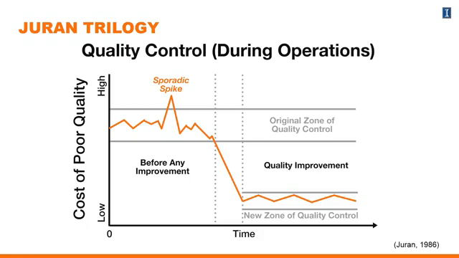So that's the idea of Juran's trilogy: this should be a sustained effort, not a one-time thing. You have quality control, quality improvement, and then quality planning of your products and services so that they get into the next cycle of improvement.